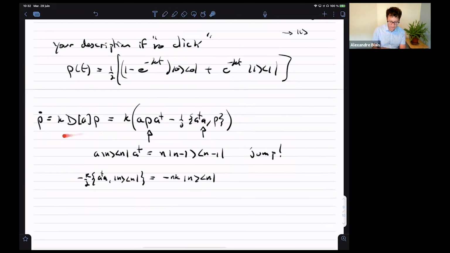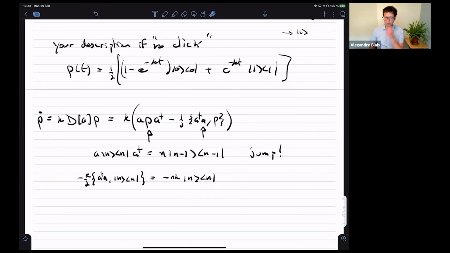This is how rho changes in time. This is the rate of change of rho. So what you're seeing here is that the component n of rho is changing in time in this fashion. What this is saying is that the population of the state n is decaying because of the minus, at a rate kappa times n.